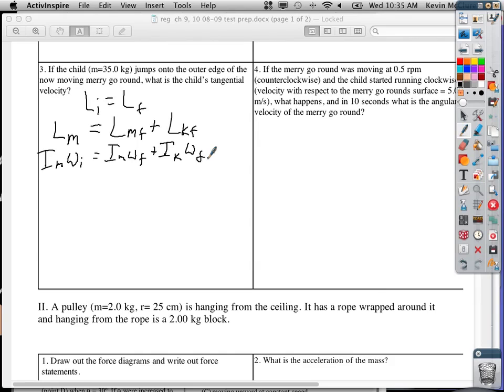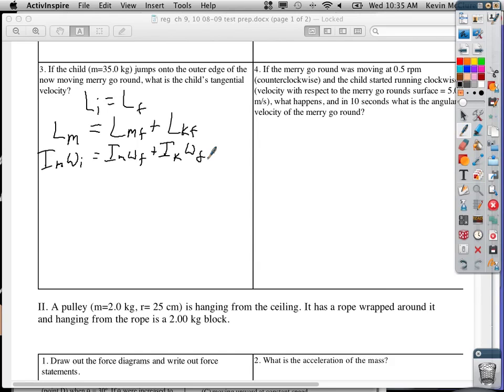Okay, now, did we find the kid's velocity? Tangential velocity. Oh, we found that. What's a child's tangential velocity? So what was the merry-go-round already moving? Yeah, because we already applied it.